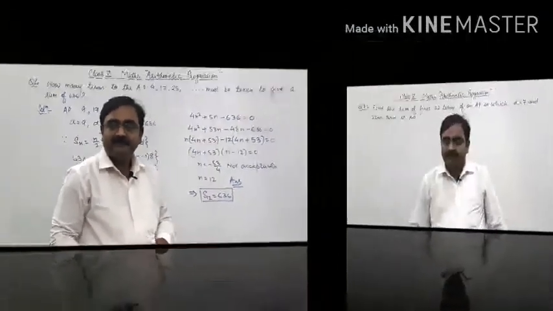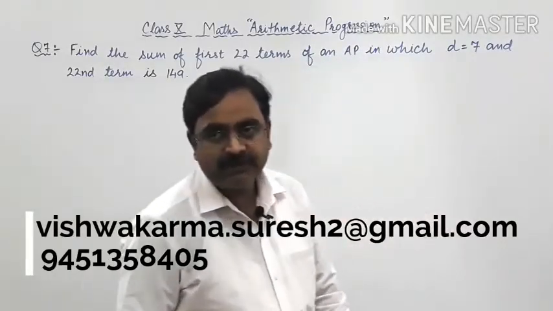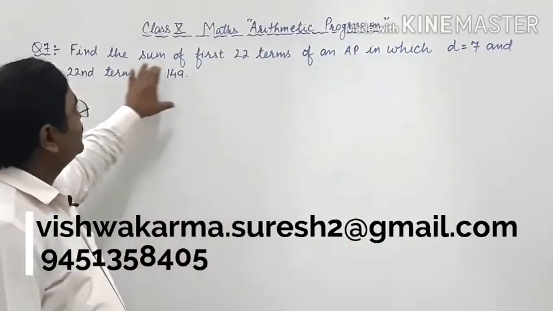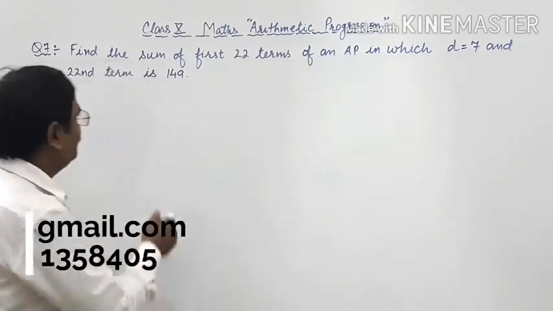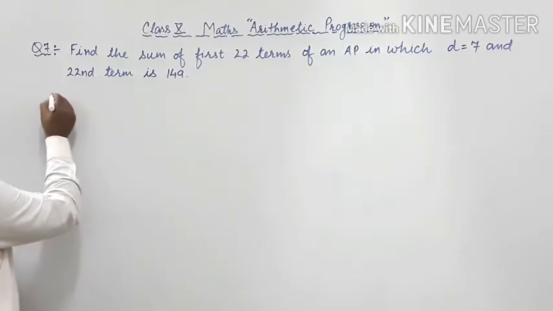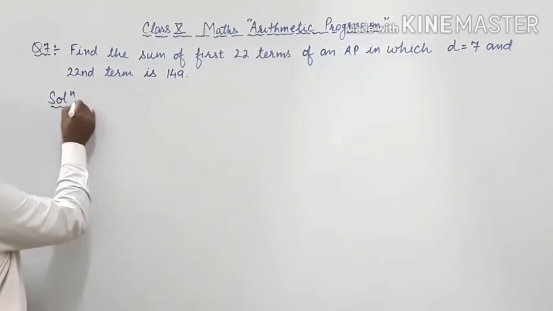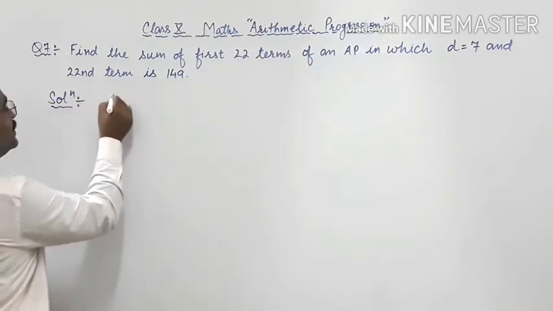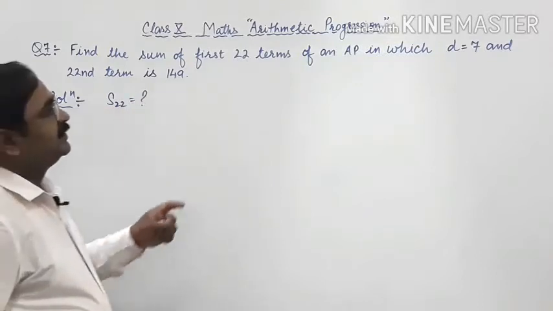Okay students, let us see question number 7. In this 7th question, it is given: find the sum of first 22 terms. It means we have to find out S22, right?